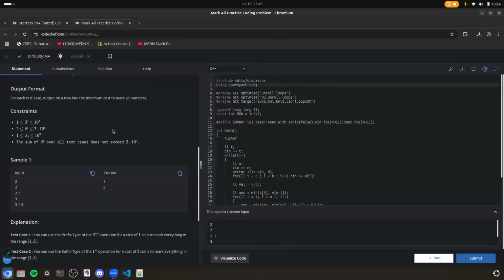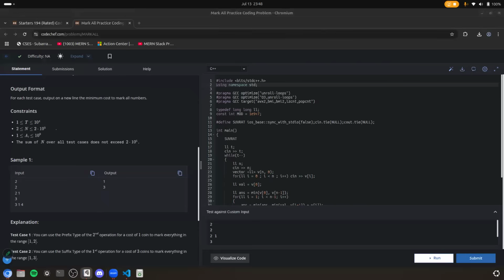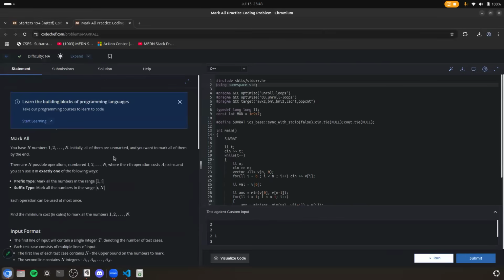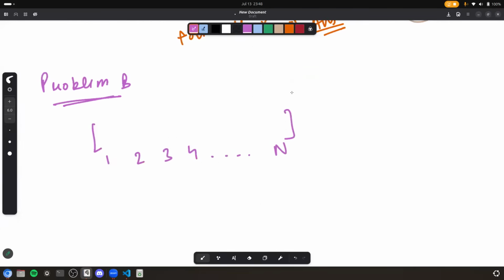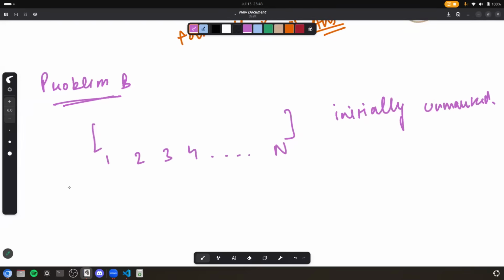Basically, what the problem is saying is that we have an array of indices 1, 2, 3, 4 till n, and initially all of them are unmarked. What we can do is perform this operation. So what is this operation?